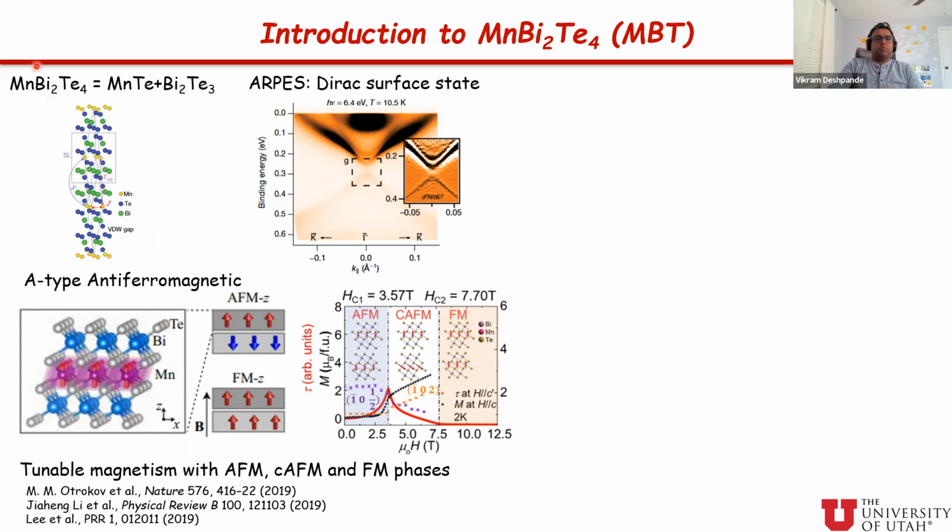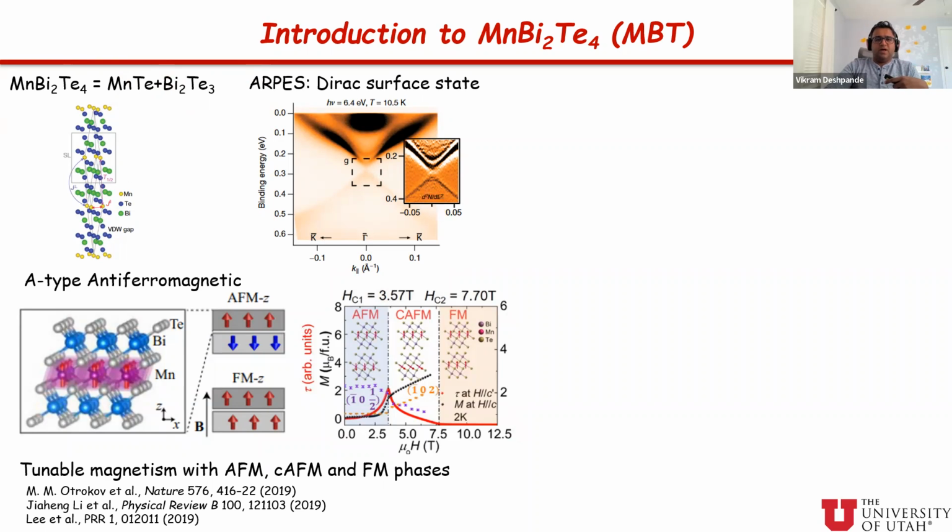Okay, so MnBi2Te4, or MBT for short, is a system that consists of alternating layers of the magnetic layer MnTe and the topological layer bismuth telluride. Folks have seen, for example, in ARPES measurements, nice looking gapped Dirac surface states, and other people have seen interesting magnetic transitions.